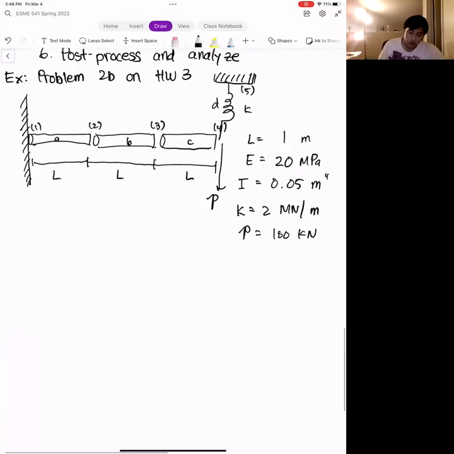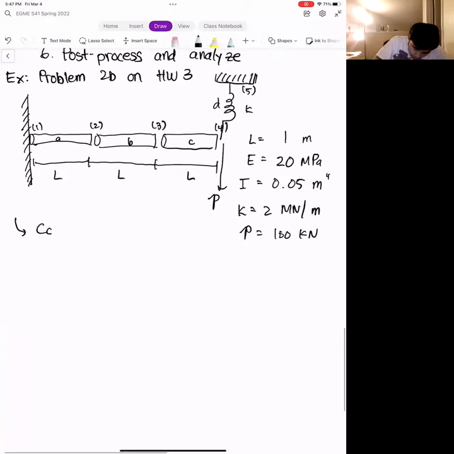We're going to solve this problem as if it were an exam problem. So we're going to compute all the element stiffness matrices.